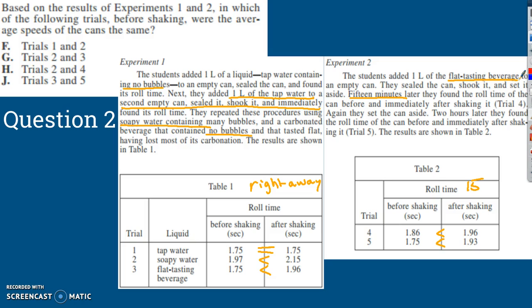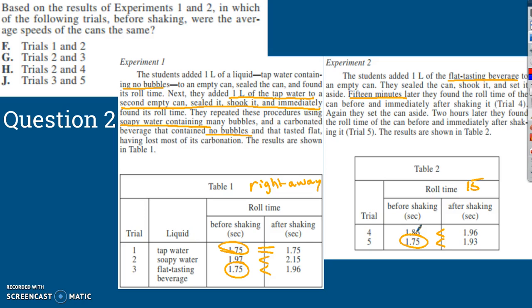Before shaking, this time right here is 175, this time right here is 175, and this time right here is 175. So that is trial 1 and 3, and we have trial 3 and 5 all the same.